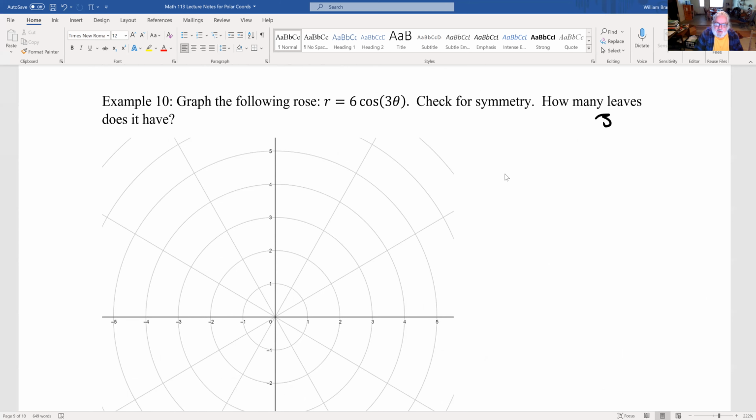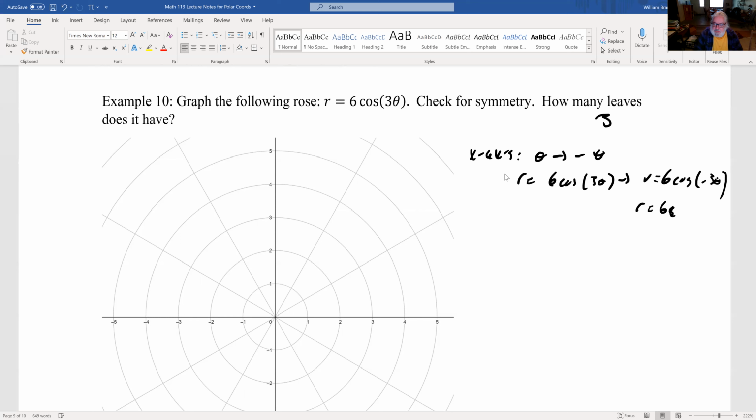6 cosine 3 theta, check for symmetry. X-axis symmetry, replace theta by minus theta. So r equals 6 cosine 3 theta becomes r equals 6 cosine minus 3 theta. But cosine is even, so that becomes cosine of 3 theta, so you can actually just drop that out.